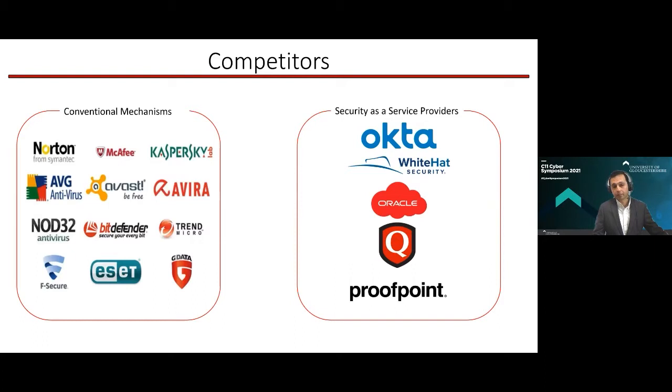The security as a service providers are all based on single cloud backend services, like Oracle uses Oracle Cloud, Okta uses AWS, and the rest have their own cloud. But our solution is different in that it's multi-cloud based and provides a more personalized solution.